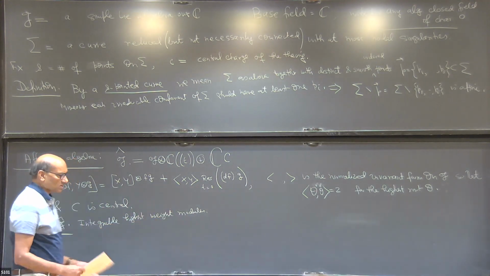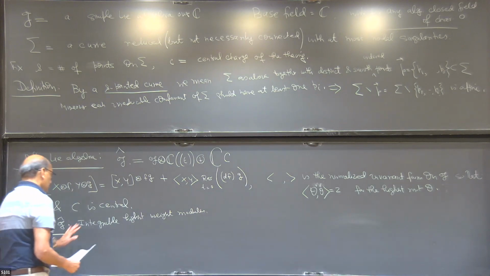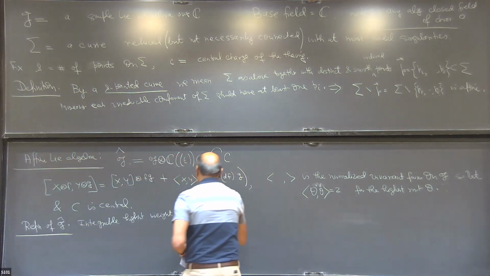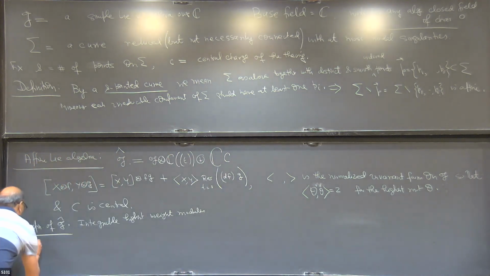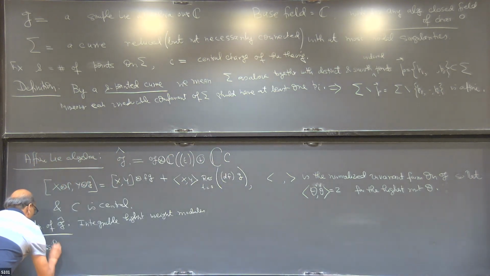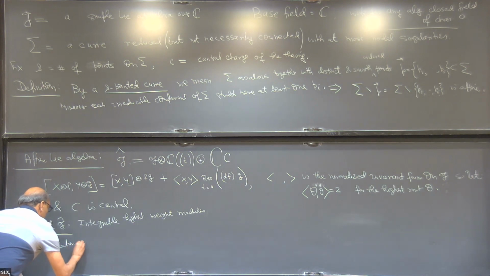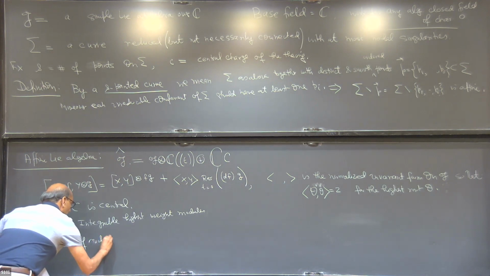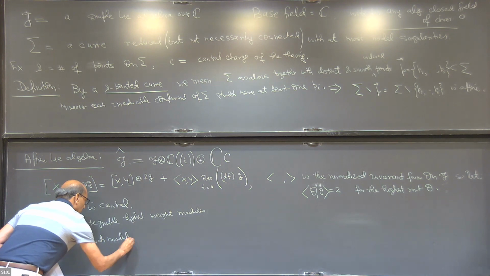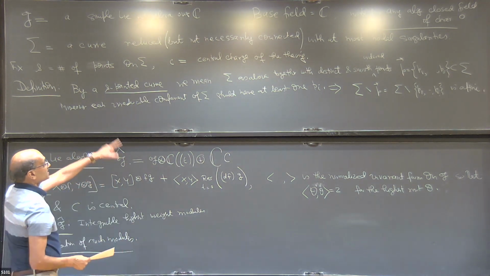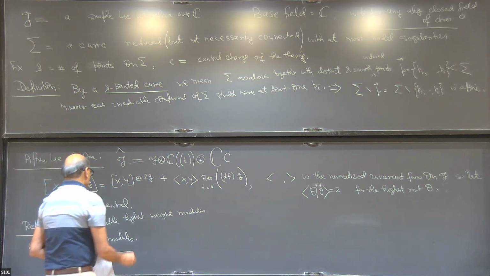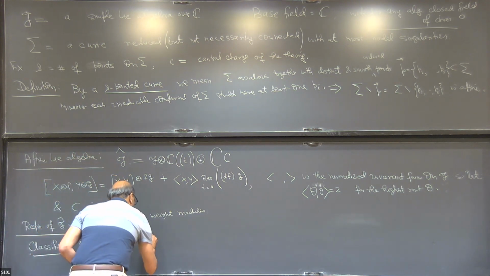So let's just assume this in case you don't know. Then the classification of such modules: I have fixed a central charge, and that will play a role. Isomorphism classes.